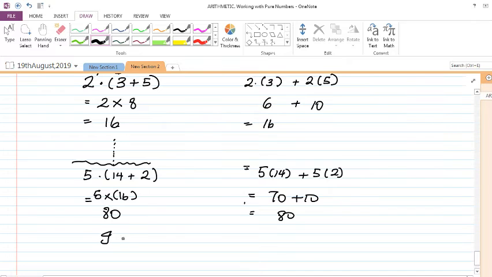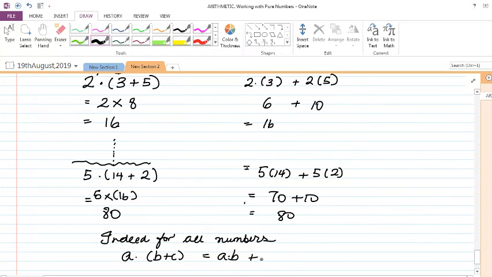Indeed, for all numbers, we can write A into B plus C is equal to AB plus AC.